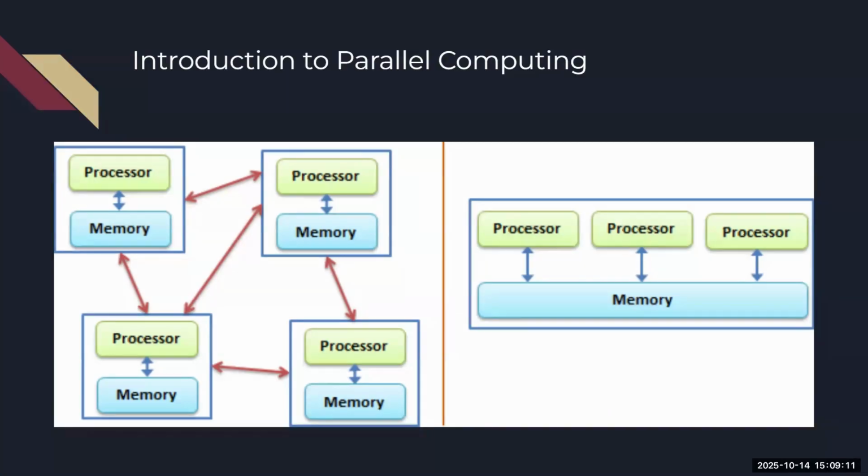Now, if I'm running something really intensive, I will try to coordinate between different cores, between different processors, right? And that's what we talk about, the one on your left-hand side, which is the distributed computing example. In that example, each processor has an attached memory and I need to send messages between them.